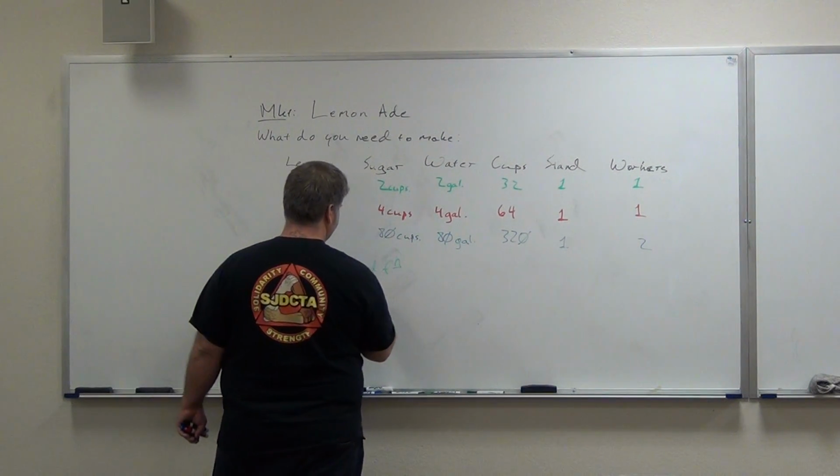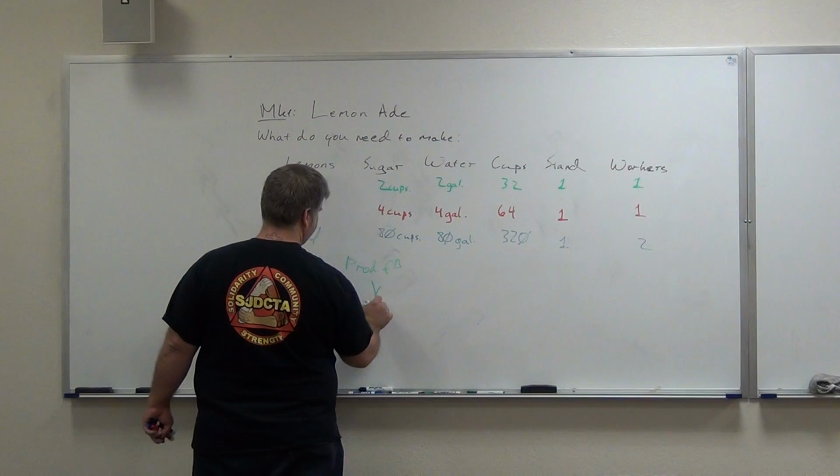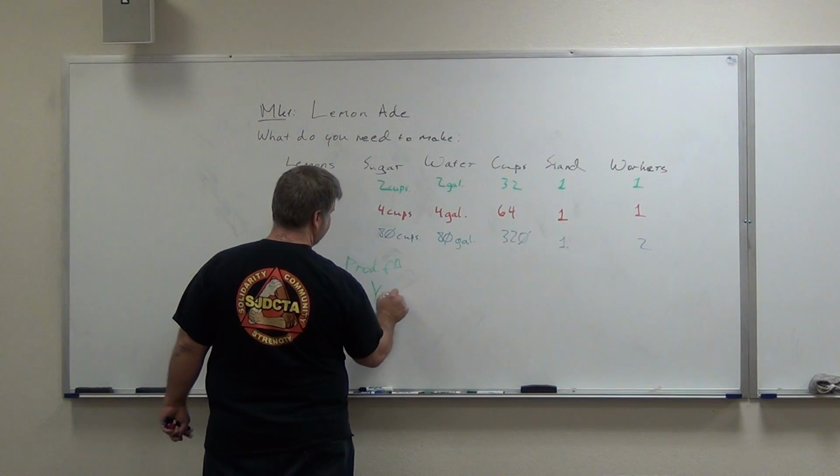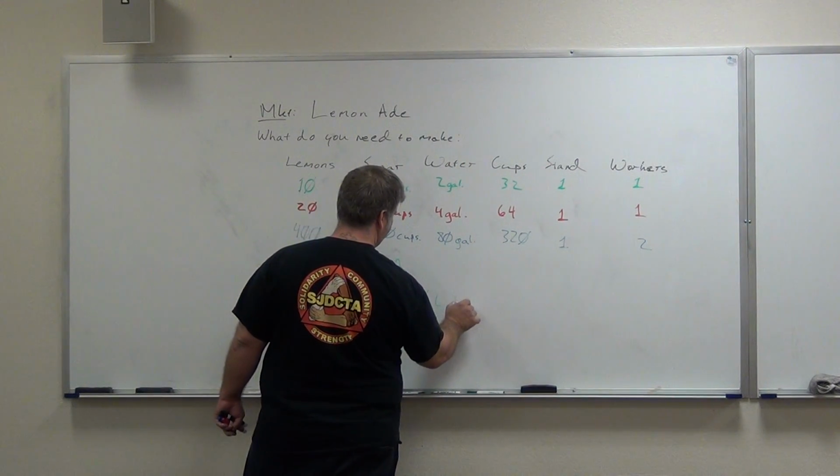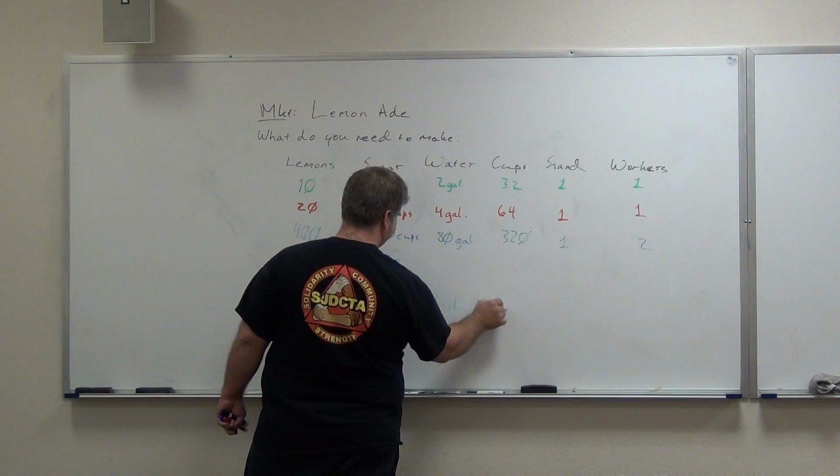The production function just tells us the output of lemonade is equal to some function of the amount of land, labor, and capital, and technology.